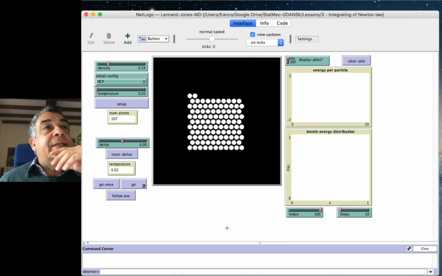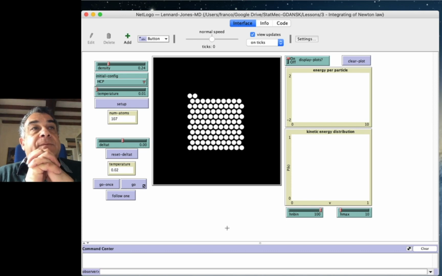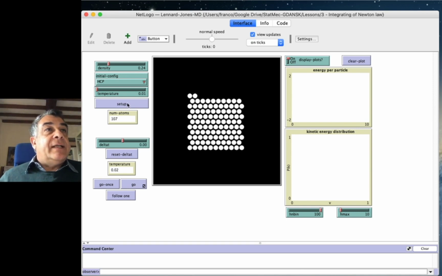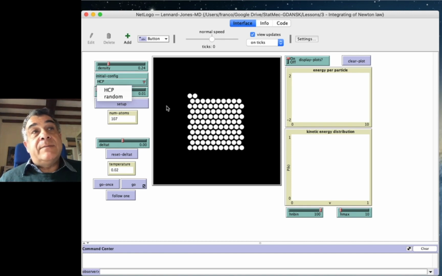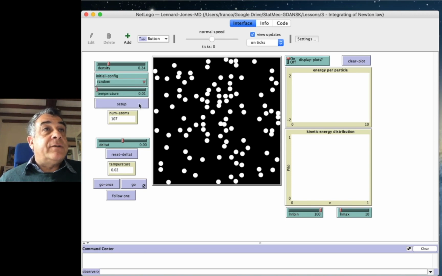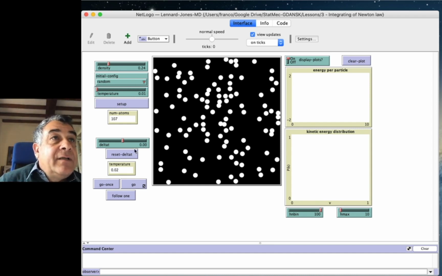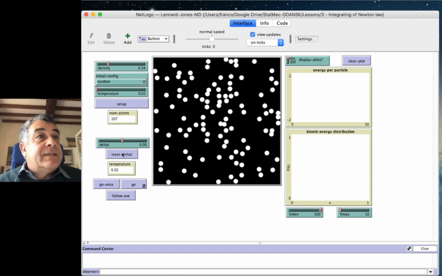I adapted the model that is in the model library, so the interface is the same, but the computer code is different. We can set up either using a configuration near to the rest configuration or a random configuration. We can fix the density and so the number of atoms in our system.